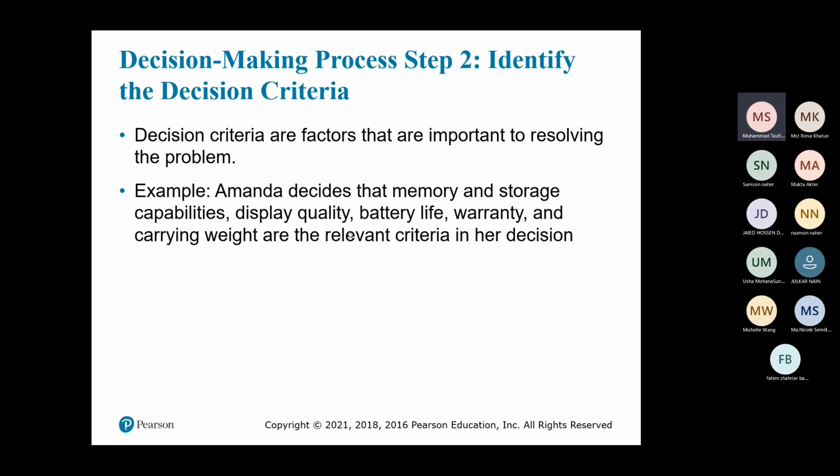Before you make the choices, you must identify what the criteria are, what the parameters are that you will use in order to evaluate your choices. In this example, because Amanda wants to buy a new laptop, she decides to prioritize memory and storage capabilities, display quality, battery life, warranty, and carrying weight.